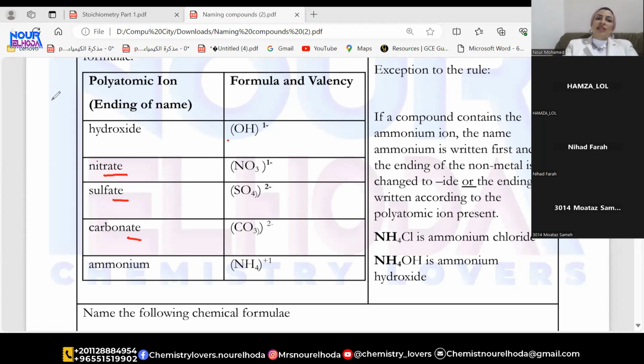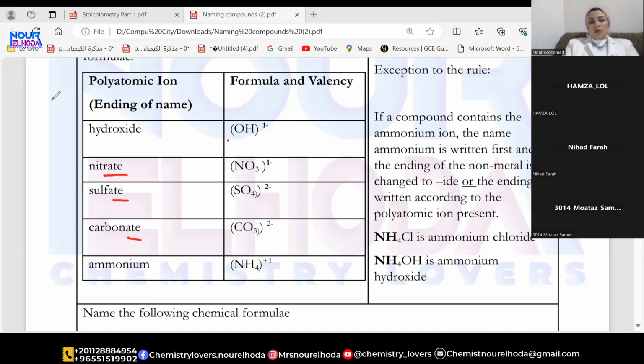When I say nitrate, that's nitrogen with oxygen. When I say sulfate, sulfur with oxygen. When I say carbonate, carbon with oxygen. Phosphate, phosphorus with oxygen, and so on. When it ends with "ate", this means I need to write the whole compound.